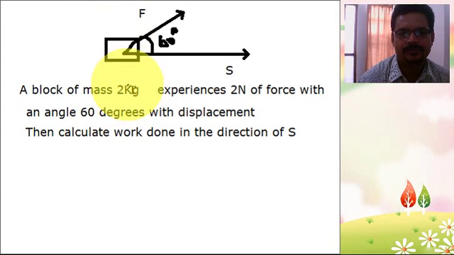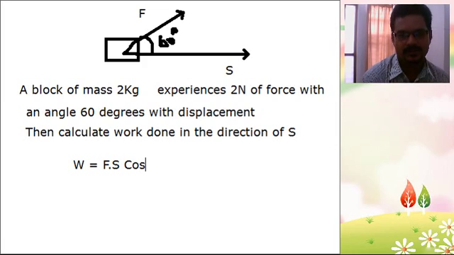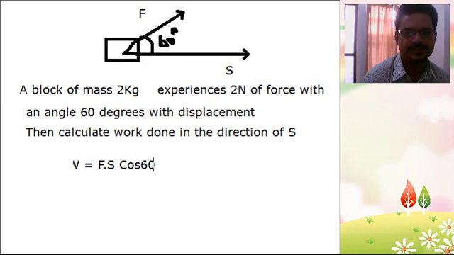Now see this question. There is a block of mass 2 kg, which experiences 2 newtons of force at an angle of 60 degrees with the displacement S. Then calculate the work done in the direction of S. As you know the formula, W equals F into S into cos theta, and here theta is 60 degrees.